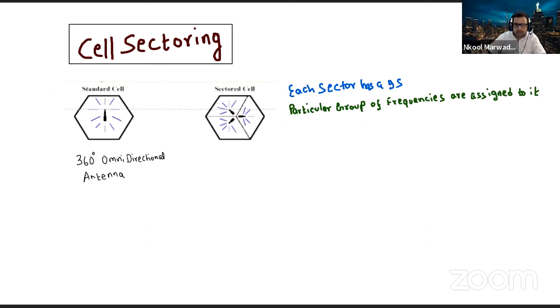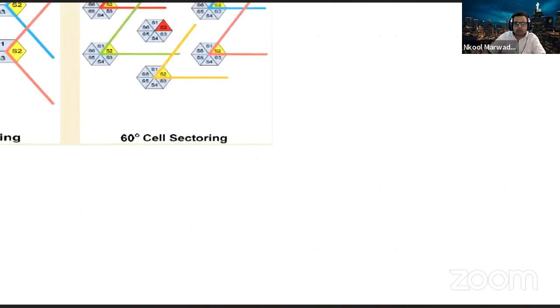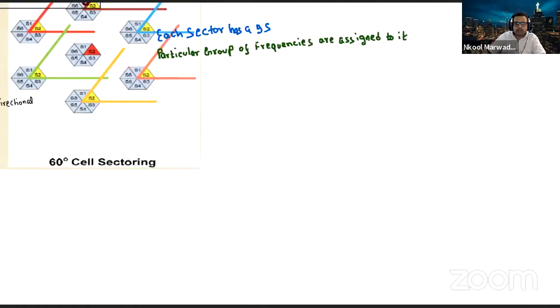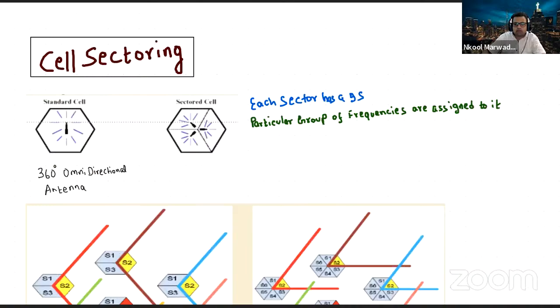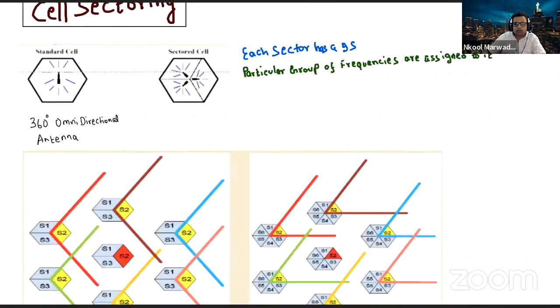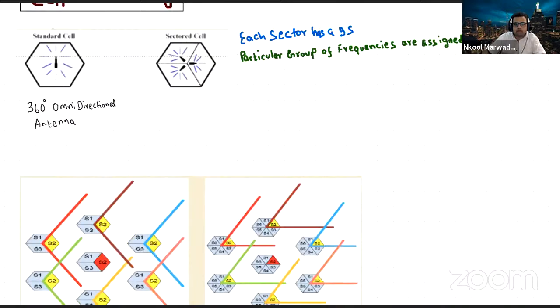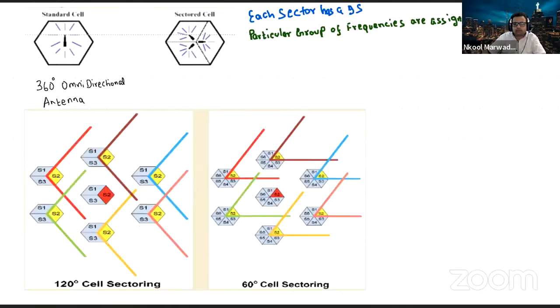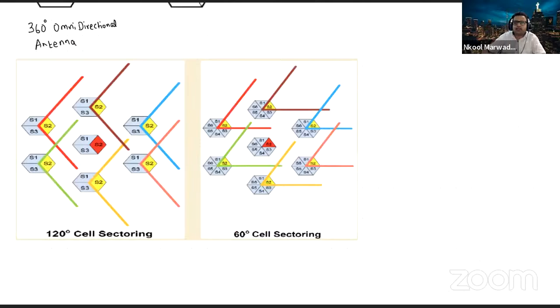Now let us understand it more clearly with some more pictorial representations. Here we make a very interesting observation.